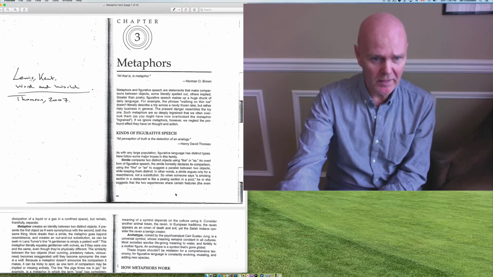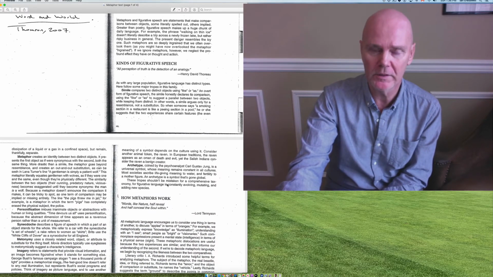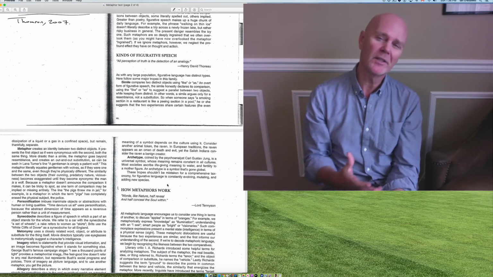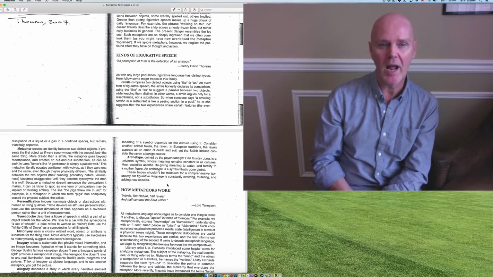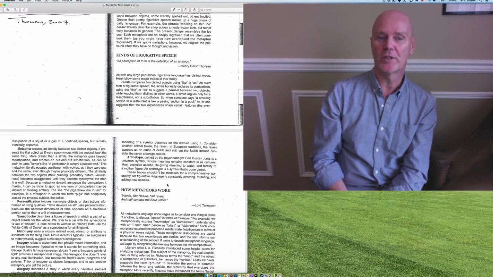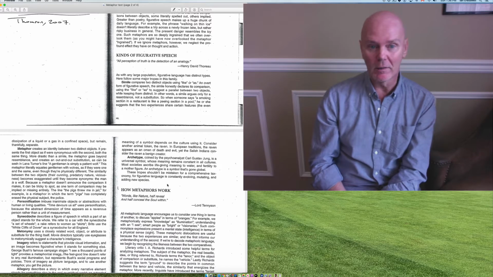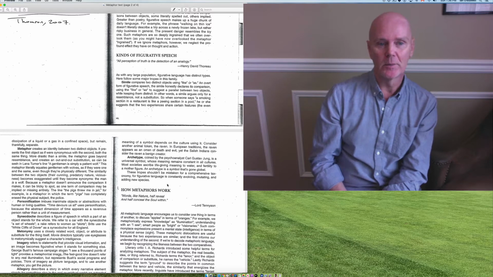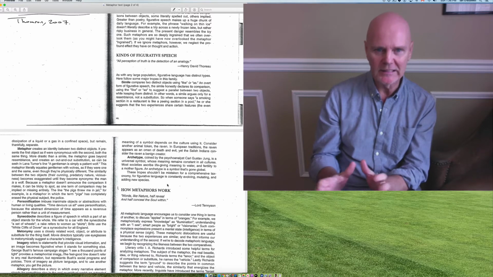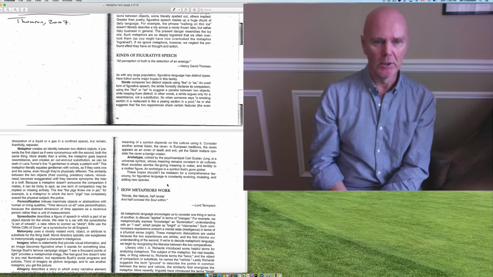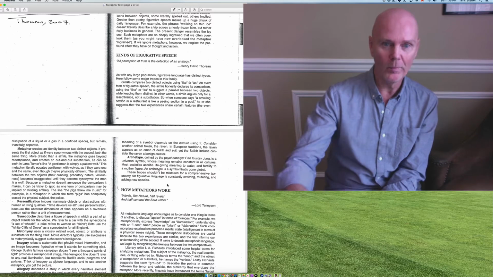He then gives us, I think, a very helpful list of kinds of figurative speech, or if you like, species of metaphoric language. So here we have the simile, which, as you know, compares two distinct objects using like or as. So it's an overt form of figurative speech and honestly declares its comparison, using the like or as to suggest a parallel between two objects.